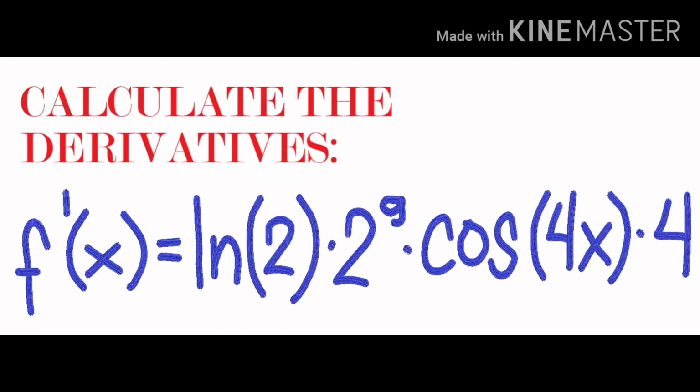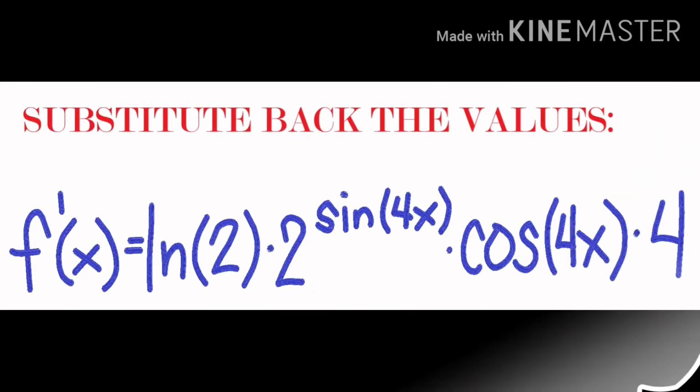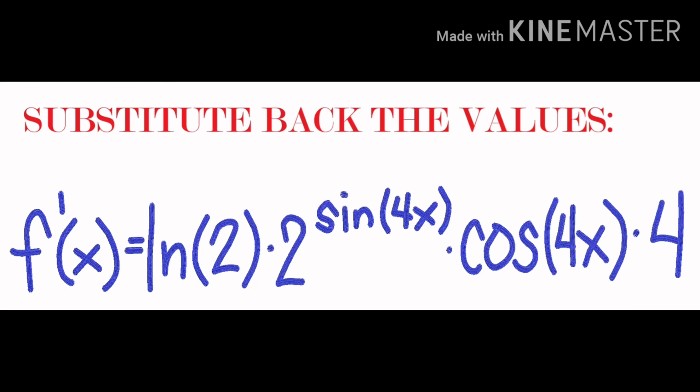It is the derivative of f of x equals ln 2 times 2 raised to g times cos 4x times 4. The fourth step is substitute back the values. It is the derivative of f of x equals ln 2 times 2 raised to sine 4x times cos 4x times 4.